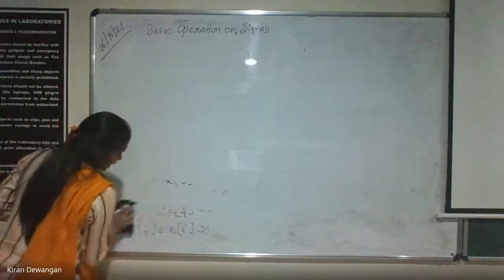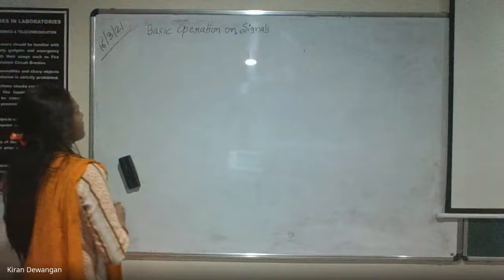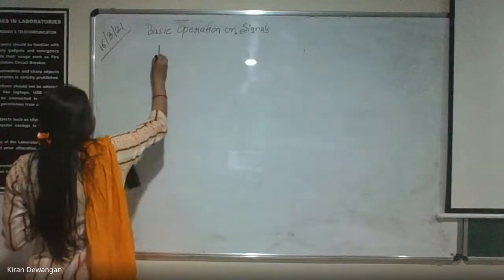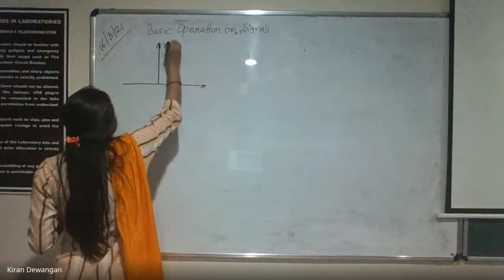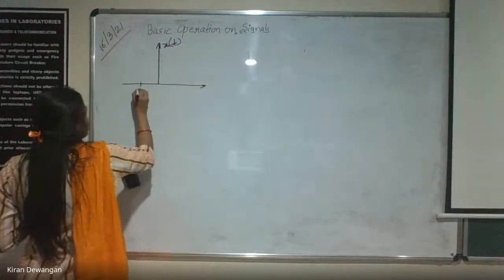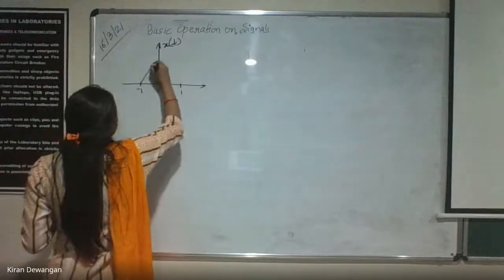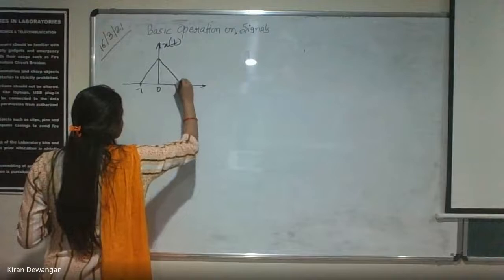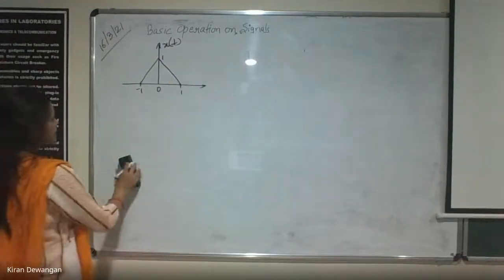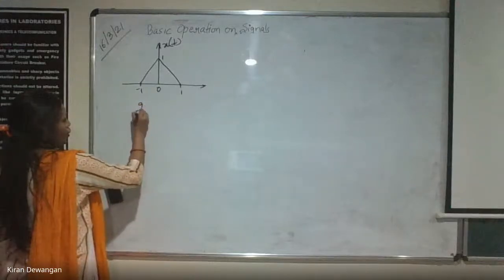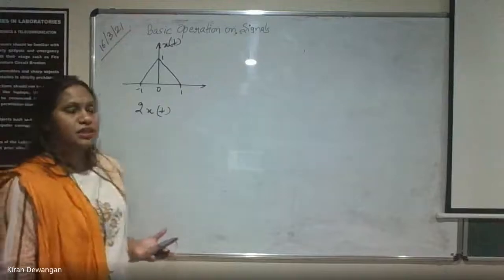Now let me take the xt as this is xt which is starting from -1 to 1 and the plot is like this. This is 1. ठीक है. This is normal xt. Now I have to plot 2 times xt. 2 times xt means what?